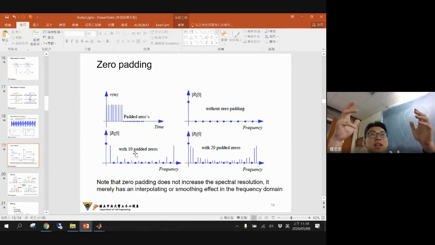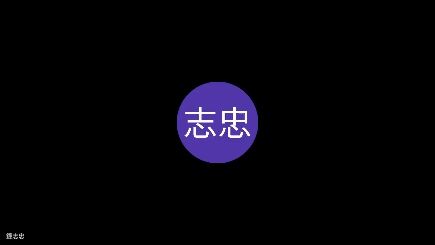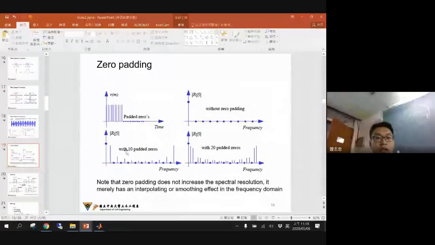You do not gain any new information. Actually in practice, if you try to use the zero padding, it's just like interpolating between the already existing points, like this one. Interpolating. Okay, no more extra information actually.